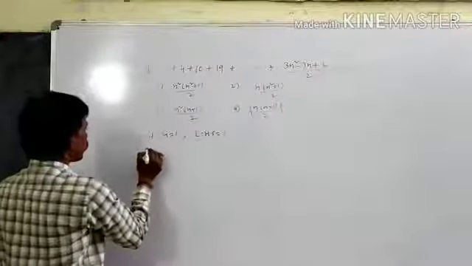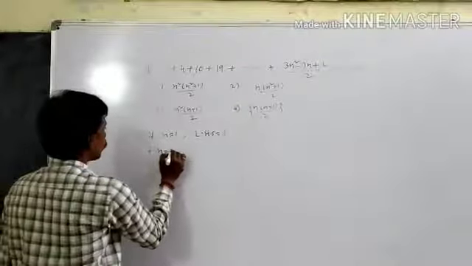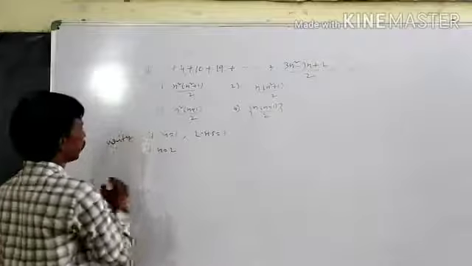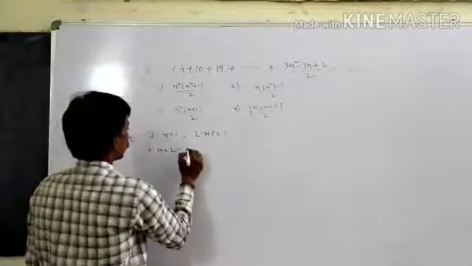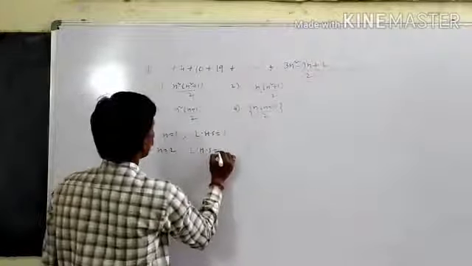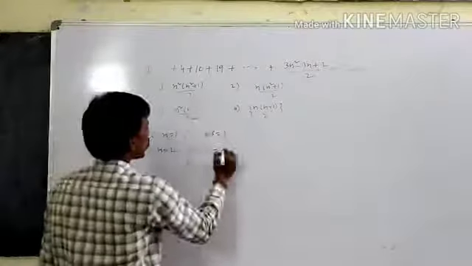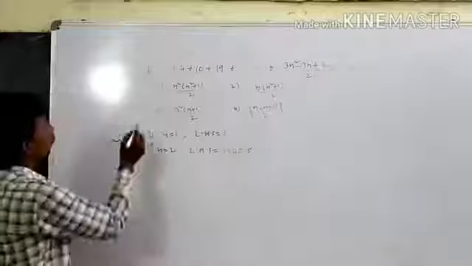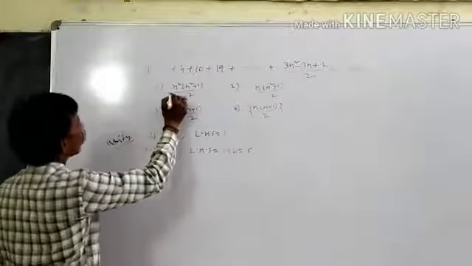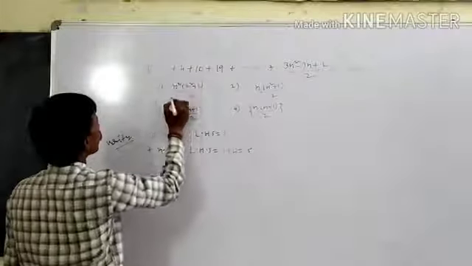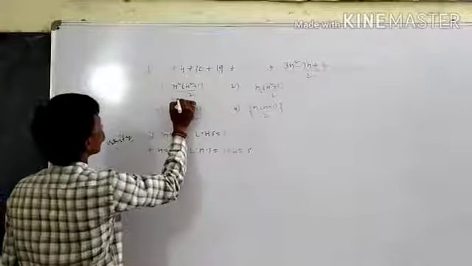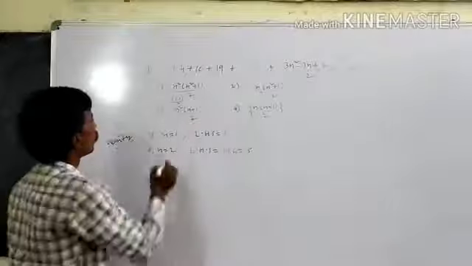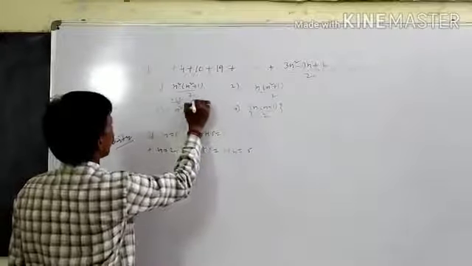So if n equals 2, verify. LHS equals 1 plus 4, that is equal to 5. First option: 4 plus 1 is 5, into 2, so that is 10.